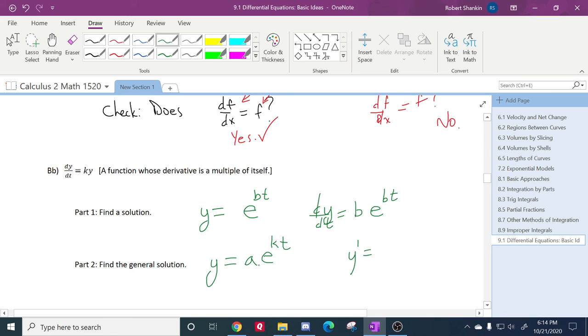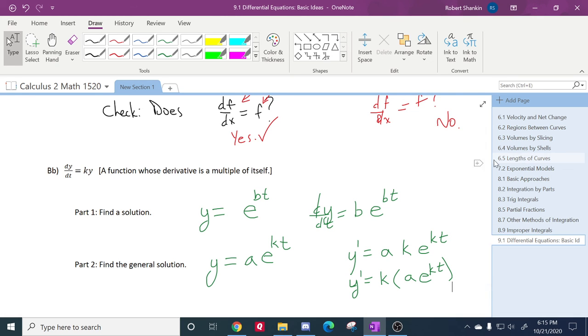Then y prime is equal to, a just comes along, you get e to the kt again, and then times the derivative of kt, which is k. But actually, the way that I really like to see this is I'd put the k out front, and then a e to the kt.